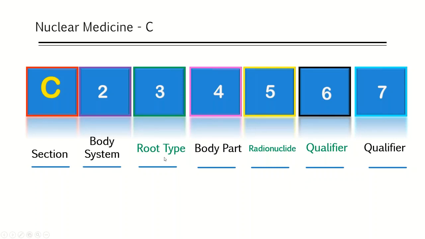We know we've already discussed that the third character shall be root type for these ancillary procedures. Fourth is body part. Fifth is radionuclide, so they're going to be getting really specific in terms of what is being administered. Then the sixth will be your qualifier, and so will the seventh.